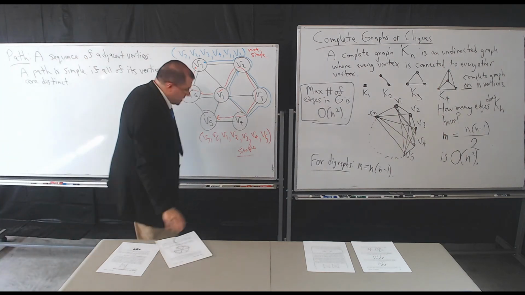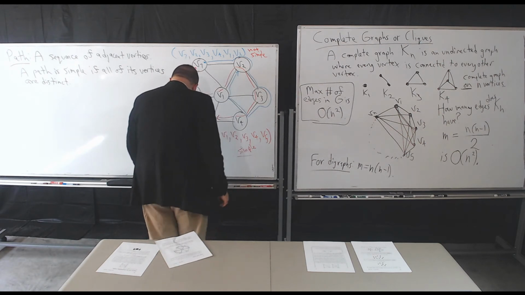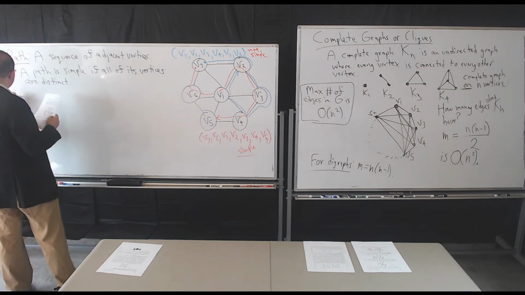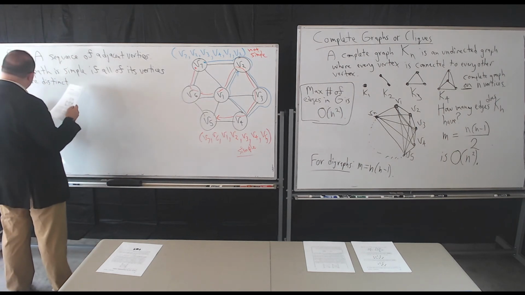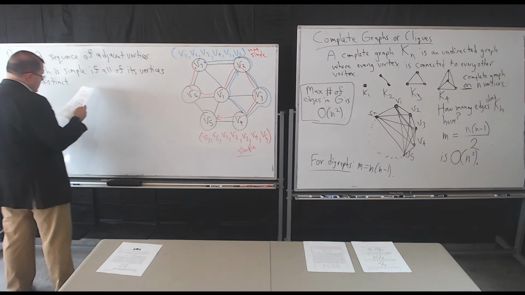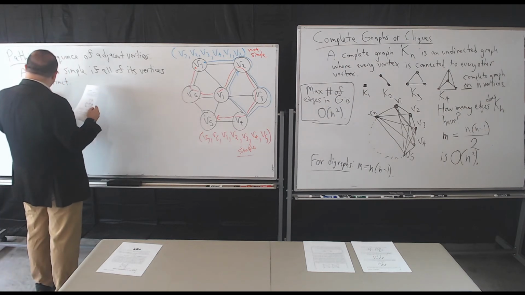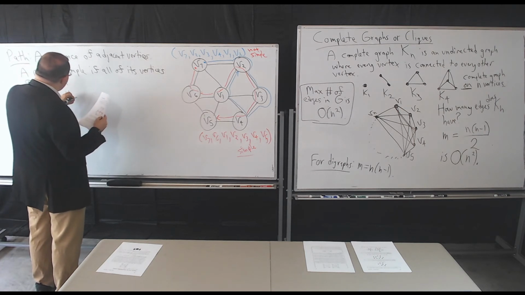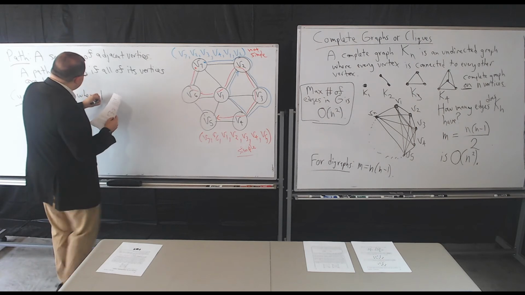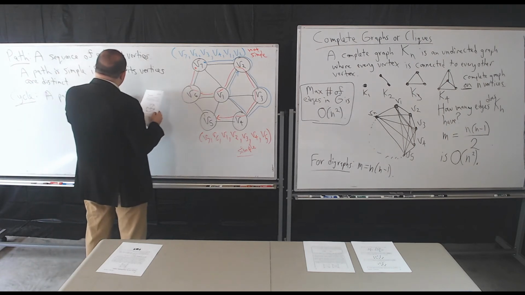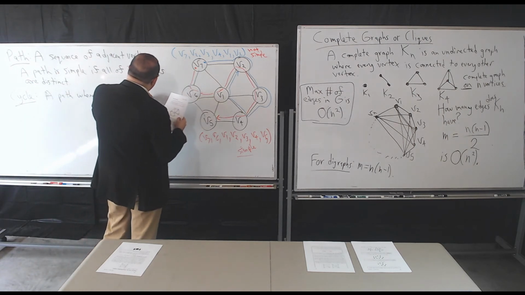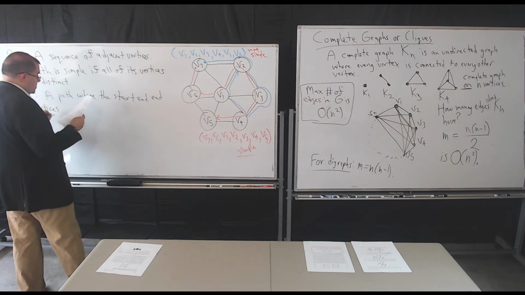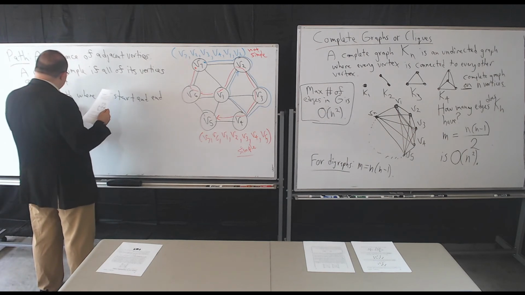Next, we're going to talk about what a cycle is. It's really quite simple once I describe what a path is to you. A cycle is simply a path where the start and end vertices are the same.